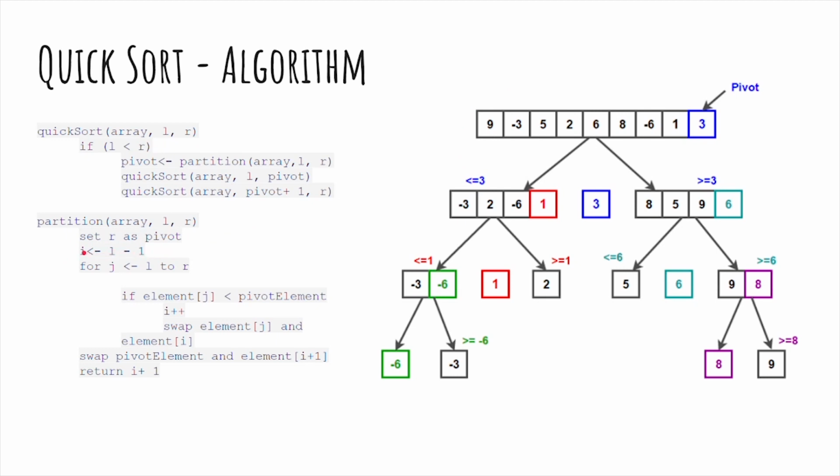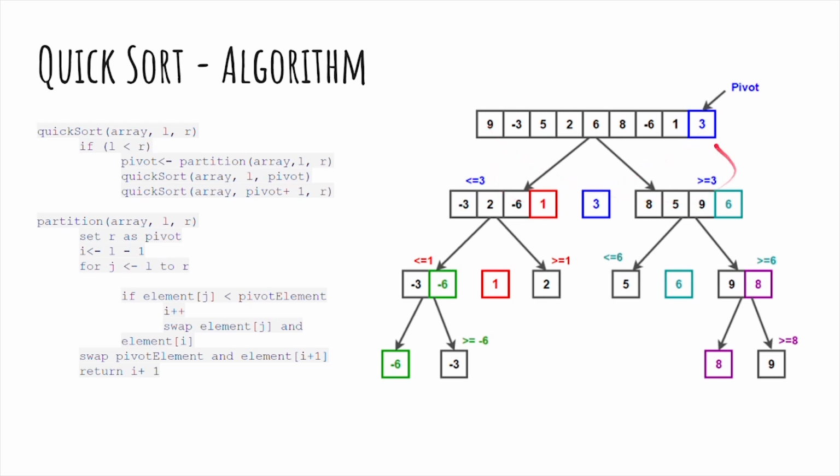Now I keeps track of the index till which the elements less than the pivot are. Next we have variable j which traverses from L to R, which means all the elements except pivot, and for each traverse it checks whether the traversed element is less than pivot or not.